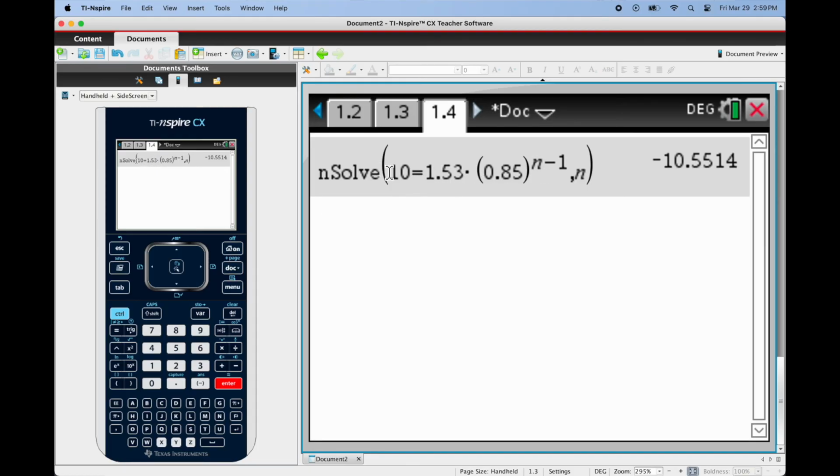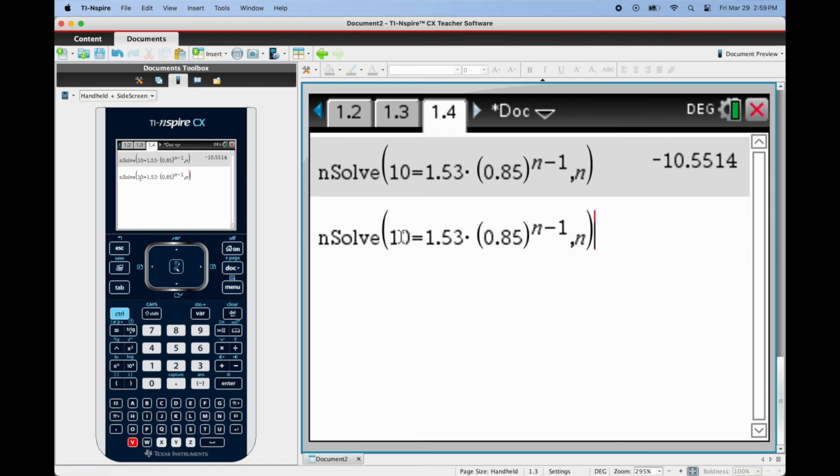Okay, so sometimes this is just me being careless, to be honest. You can have a look and see what the problem is. This negative 10 is impossible. This 1.53 is measured in meters, where this was given to us in 10 centimeters. So negative value, obviously not really coherent.